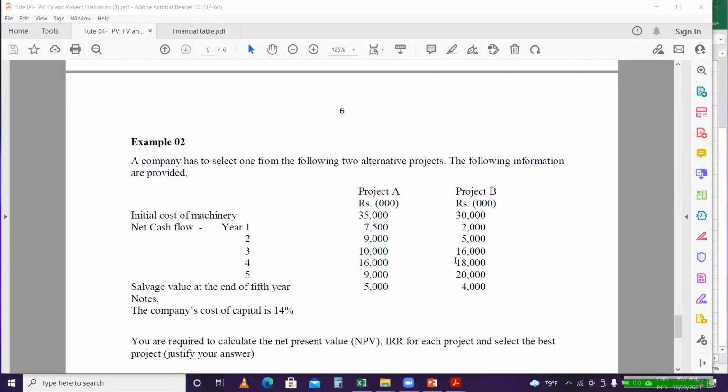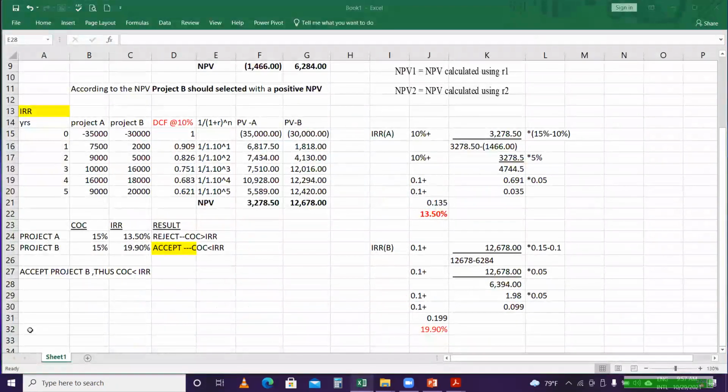So I'm going to start the question. I'm going to copy this data so it's easy for me.